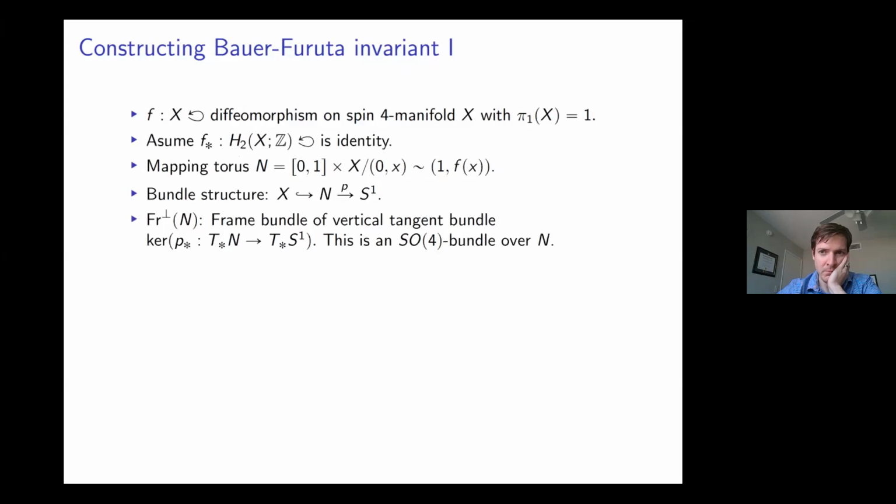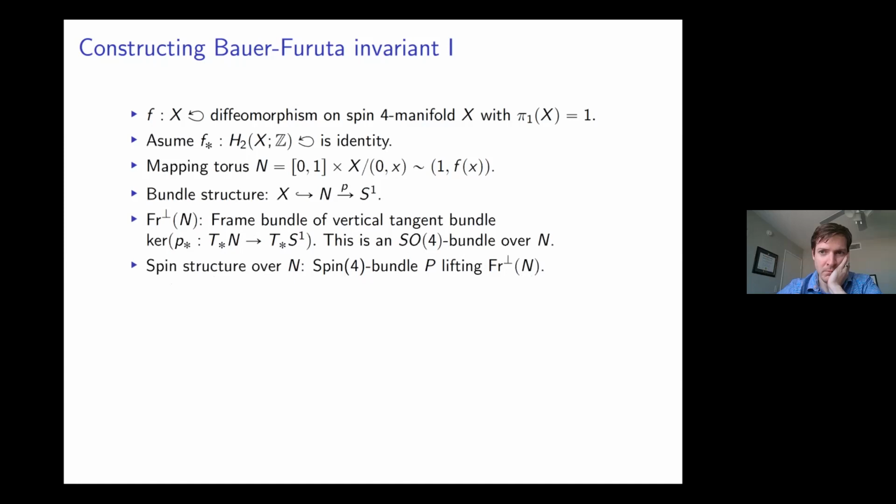Now we can look at the frame bundle of the vertical tangent bundle, the tangent bundle in the fiber direction, and the frame bundle is an SO(4) bundle over N. A spin structure over this family is just a spin(4) bundle P that lifts this frame bundle.